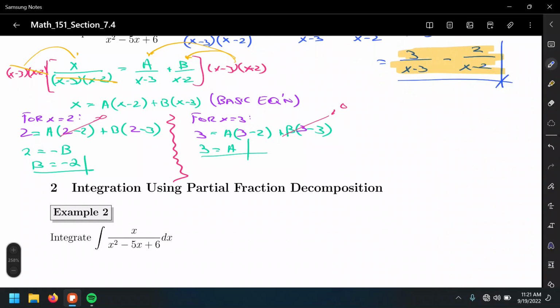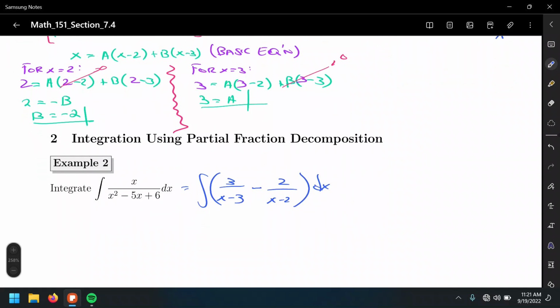Well, so that's going to be the integral of 3 over x minus 3 minus 2 over x minus 2 with respect to x. Well, so how about we split this into two integrals? 3 times the integral of dx over x minus 3, minus 2 times the integral of dx over x minus 2.